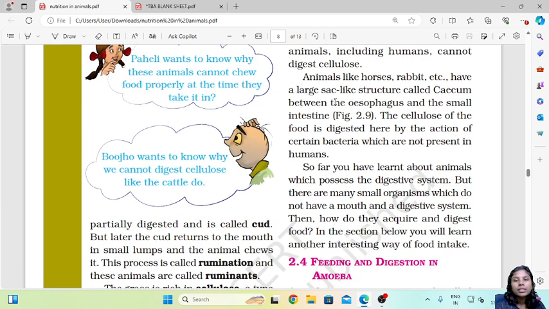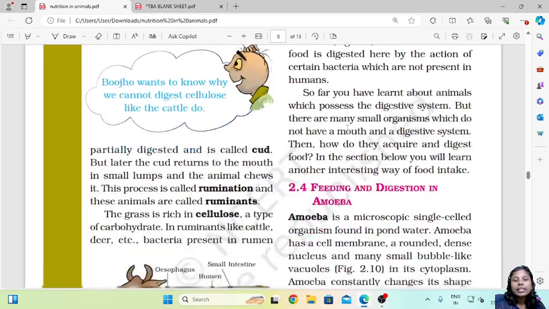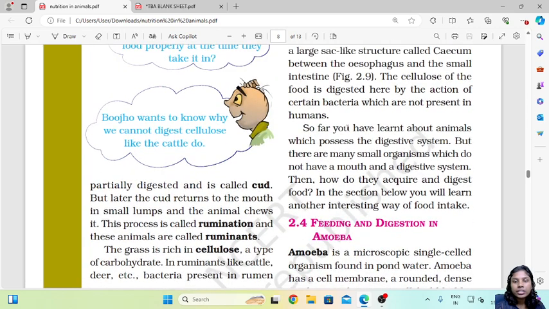Animals like horses, rabbits, etc. have a large sac-like structure called the caecum between the esophagus and the small intestine. The cellulose of the food is digested here by the action of certain bacteria which are not present in humans.